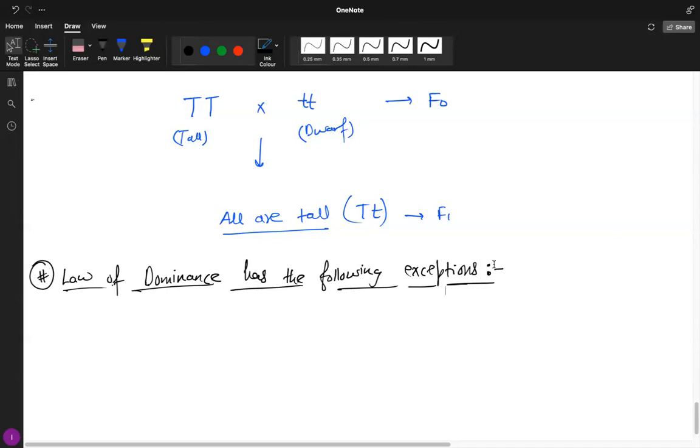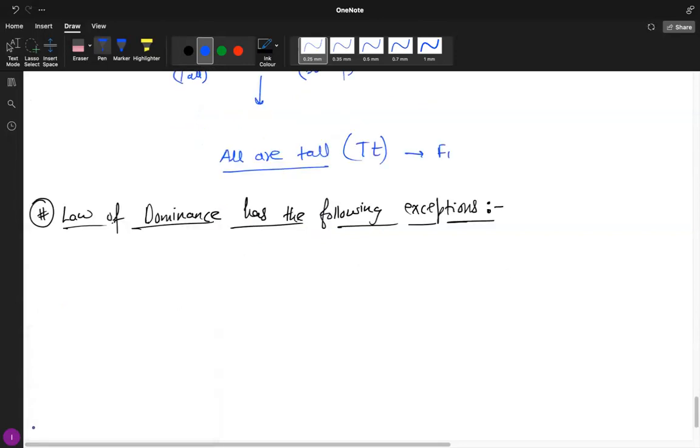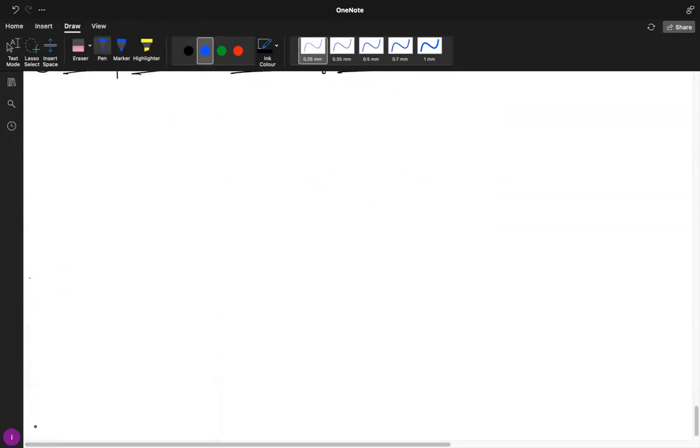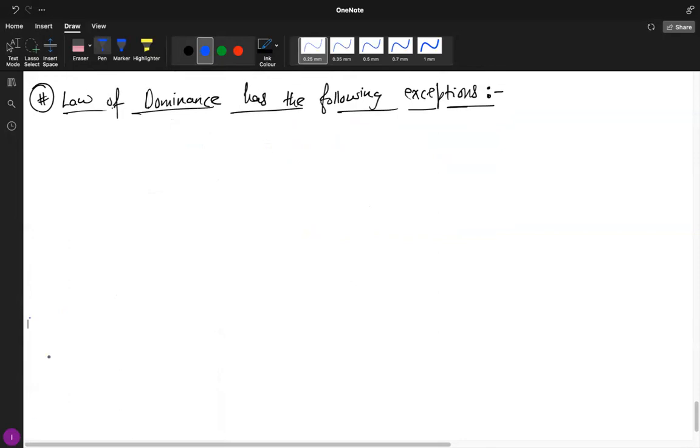Now, what are these exceptions? Anyone know? If this chapter has been discussed in your school, do you know about any exception of the law of dominance of Mendel? First, tell me, is the law of dominance clear to you? It is the first law. Yes, sir. Okay, so what do you think could be an exception in nature?